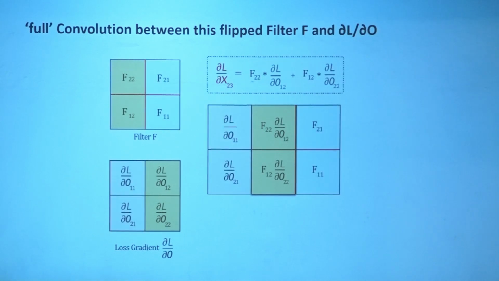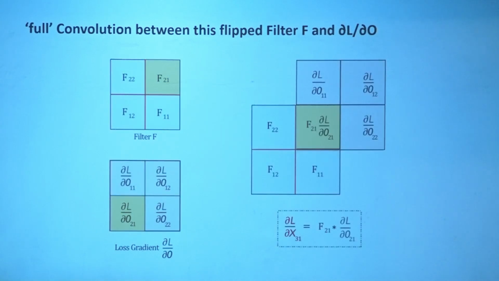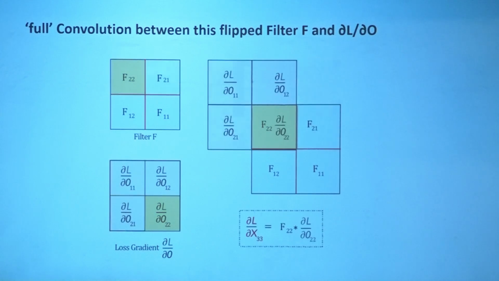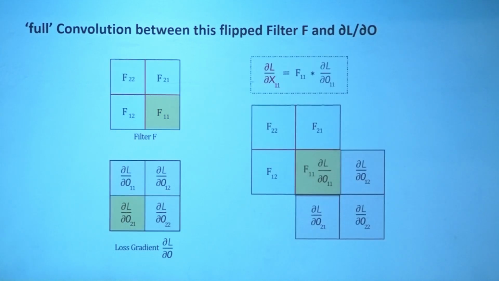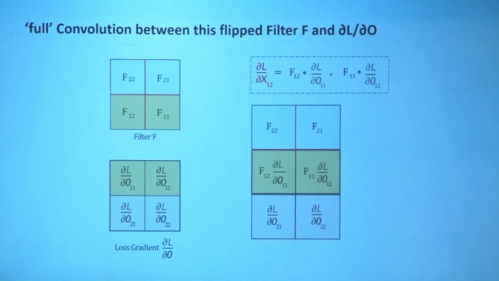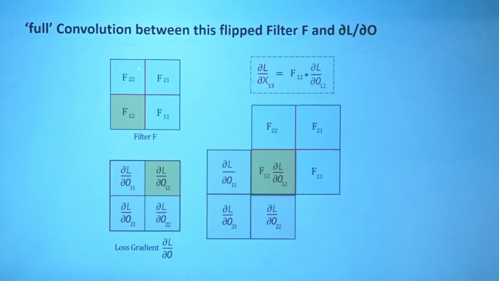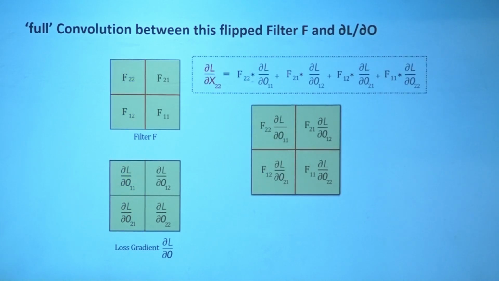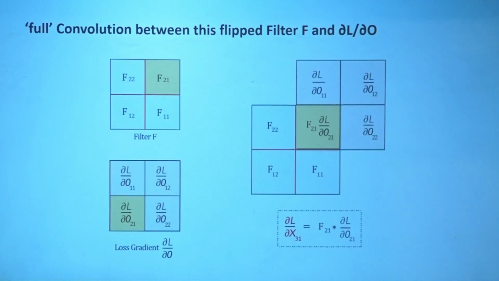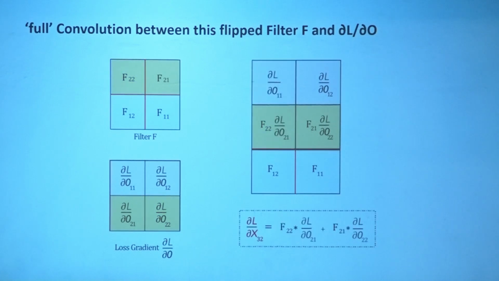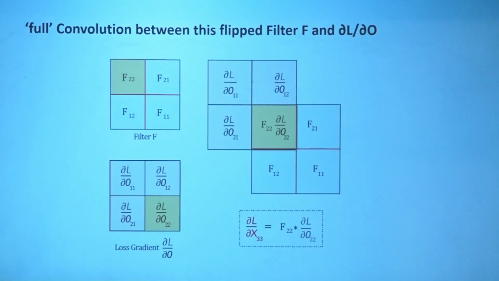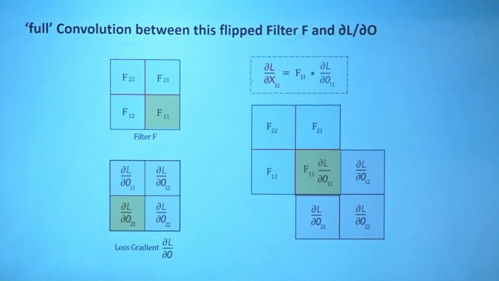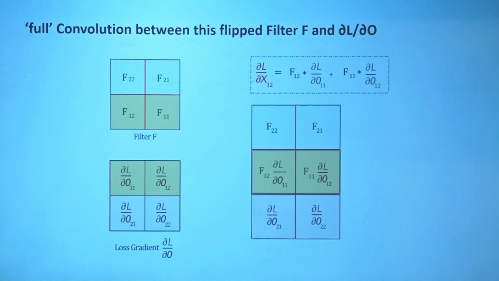So here the convolution is happening even with partial overlapping of this loss derivative and the filter. You can observe here how you are getting these equations, those overlapping regions you can see here. This is how you are getting those 9 equations between these two.